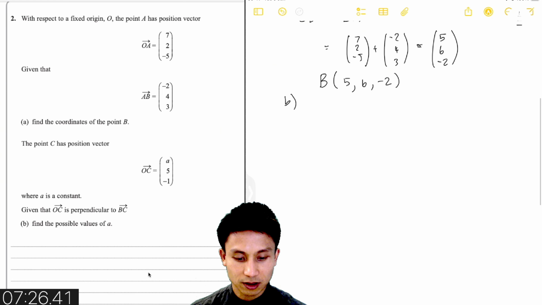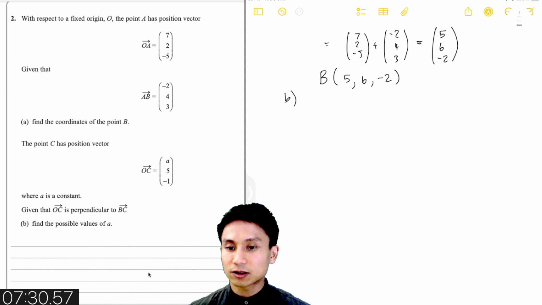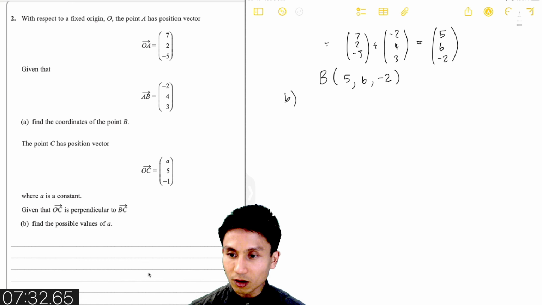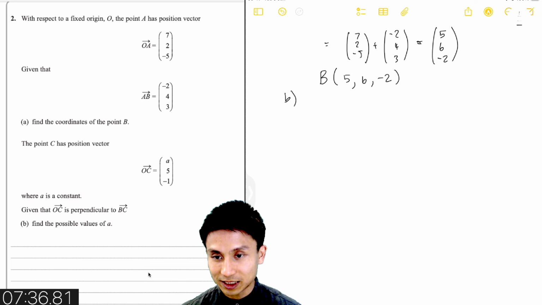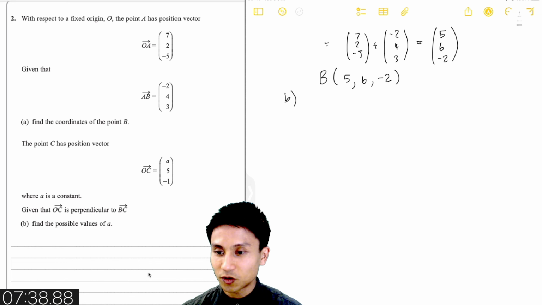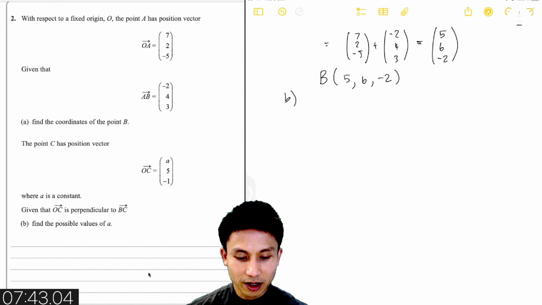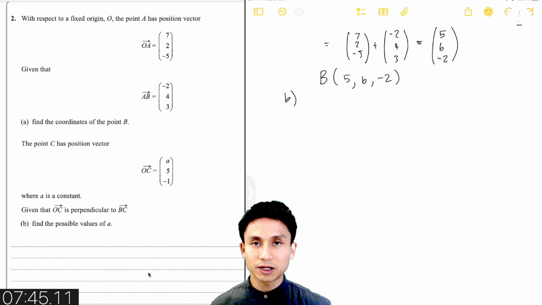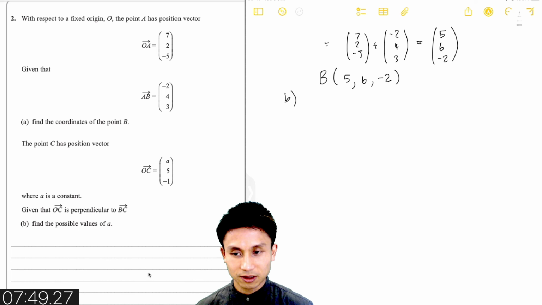Now we do B. Just keep going down there. The point C has position vector OC, where A is a constant. Given that OC is perpendicular to BC, find a possible value of A. When there are two vectors perpendicular to each other, that means if you do a dot product, it will give you a 0.